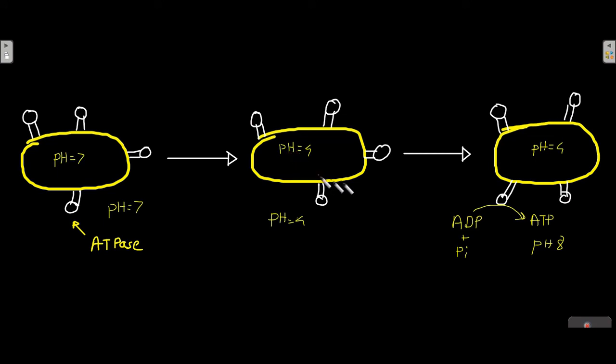Then we put it into a solution of pH 8, so the solution has a pH of 8 and the lumen has a pH of 4.